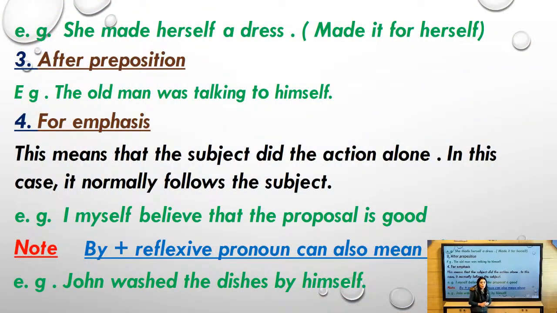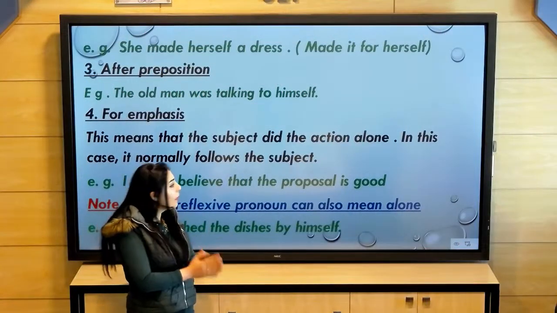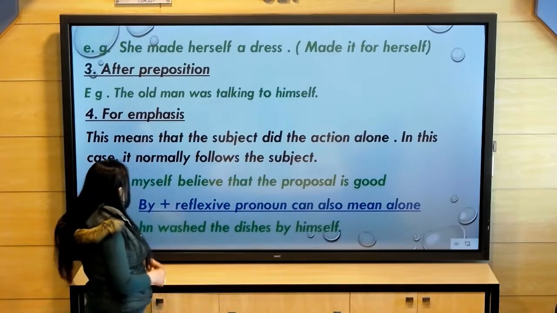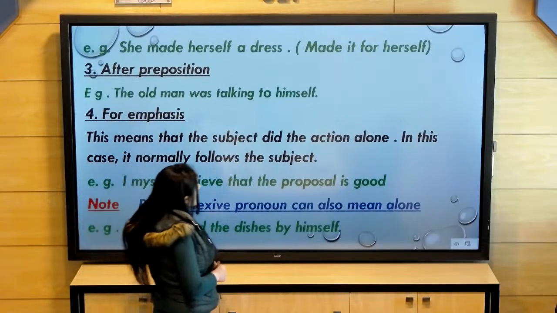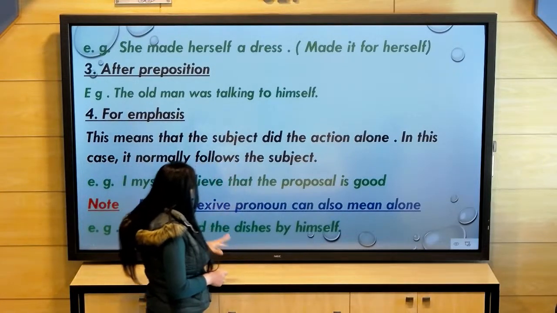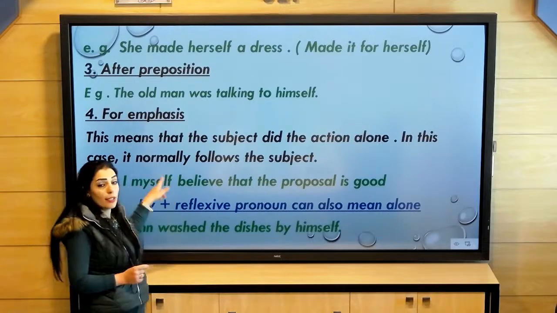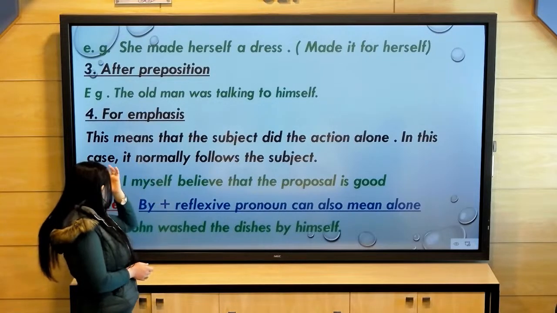So when the subject did the action alone, by himself, it follows the subject. Example, I myself believe that proposal is good. So when the reflexive pronoun follows the subject directly, we have a statement of emphasis.